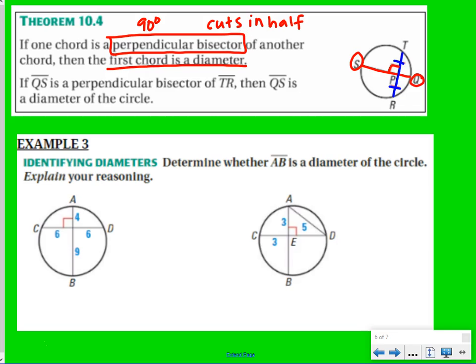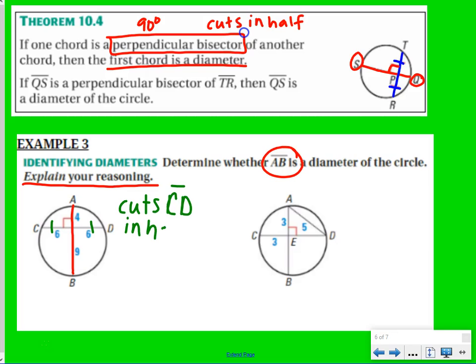So identifying diameters in example 3, determine whether AB is a diameter of the circle. Explain your reasoning. So let's look at AB. Does it cut the other chord in half? If we look, 6, 6, it does. It cuts it in half. So we can say it cuts CD in half, so it bisects it.